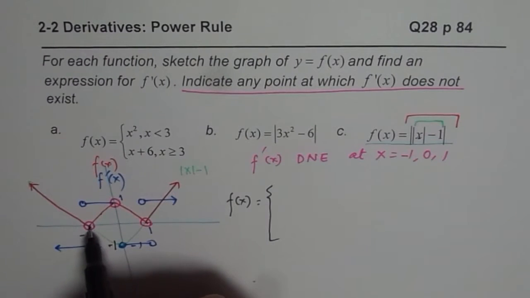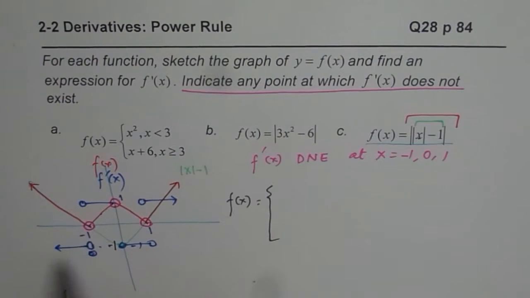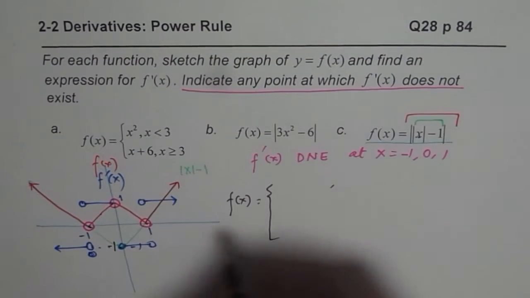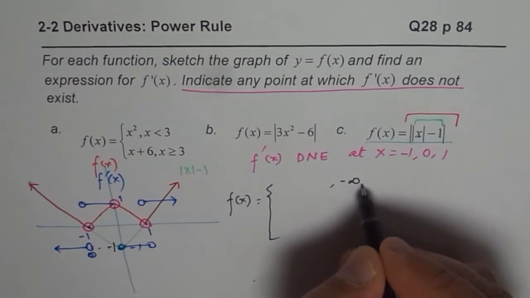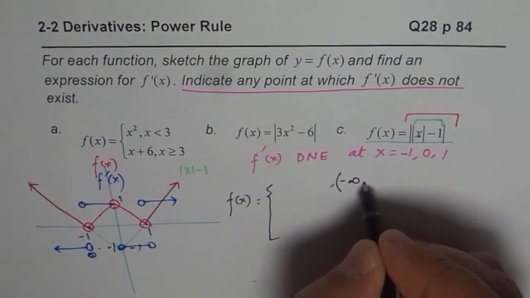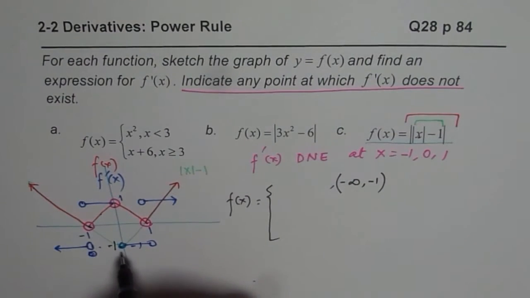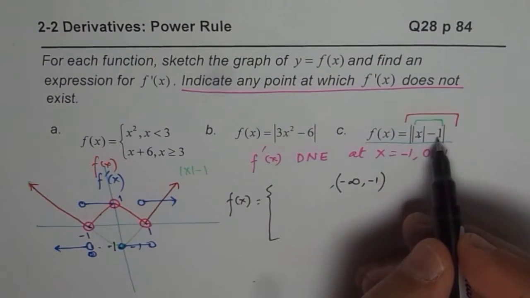In this interval, the slope is negative and it has moved 1 unit to the left. So from minus infinity to minus 1, the function is the same as x minus 1, right?